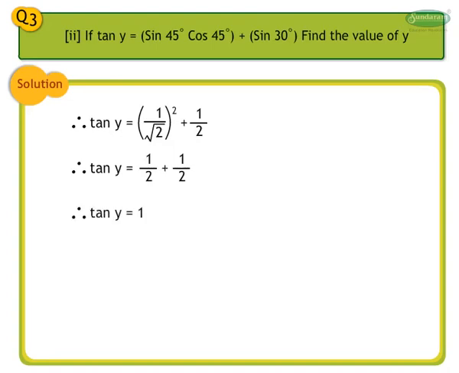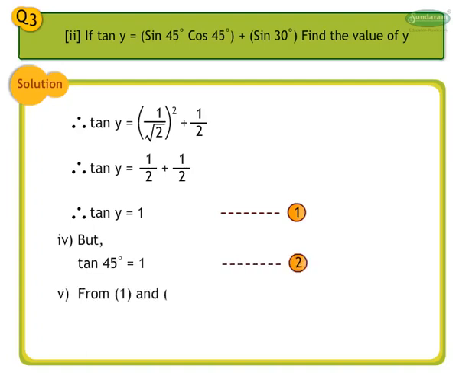Thus, tan y is equal to 1. Mark it as equation 1. 4. But as we know, tan 45 degrees is equal to 1. Mark it as equation 2. 5. From equation 1 and 2, therefore, y is equal to 45 degrees.